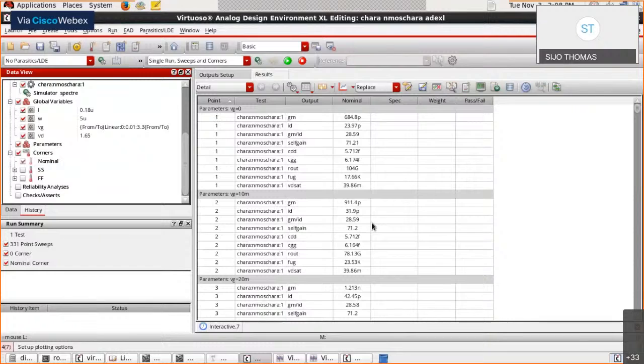For each value of VG, starting from 0 with an increment of 0.01 volt, it will tell you the different values for the 9 DC operating point parameters which you already defined in the output setup. Now you have the plot option here. You can see a graph kind of icon. If you click there, you have the plot all option. We have already plotted the graphs here, so we can directly open the graphs and show it to you.